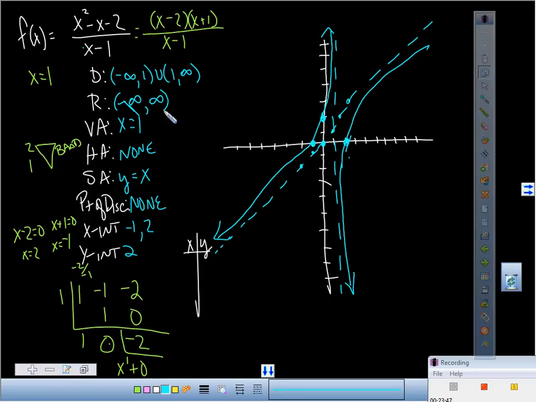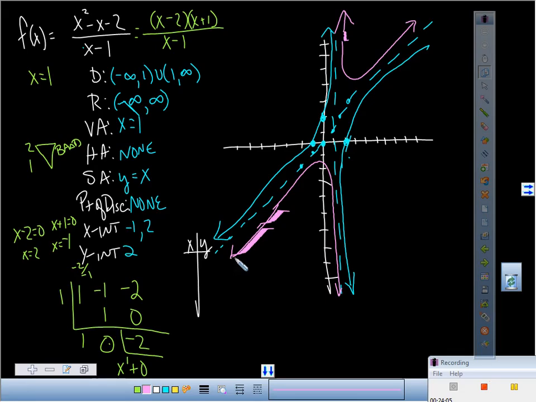All right. So I just want to say, what if, okay? I'm going to use pink. What if my graph had done like this? Obviously I wouldn't have had an x-intercept, okay? But that's exactly right.